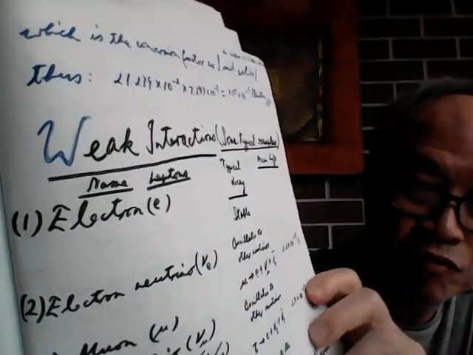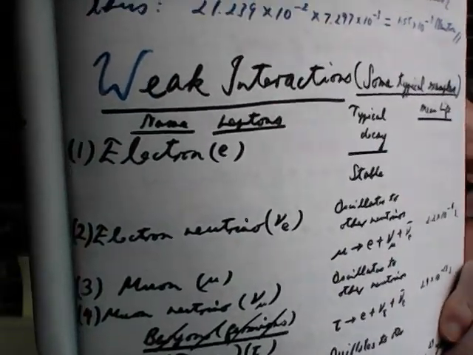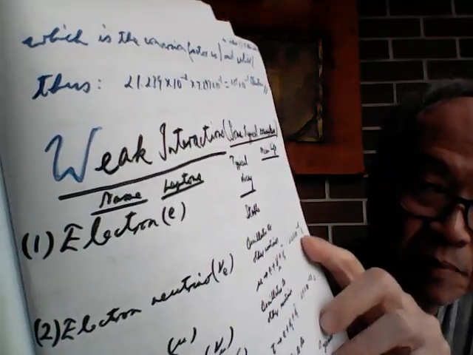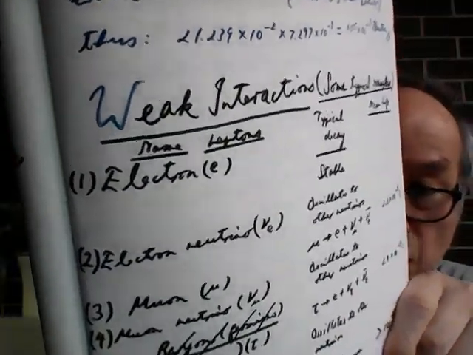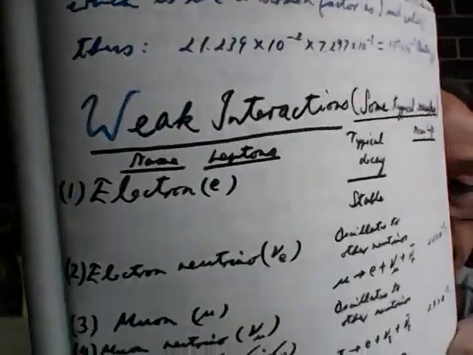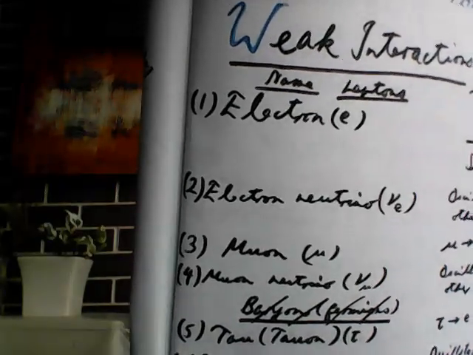It's even much more transient than the previous one. And likewise the tau neutrino oscillates. The decay type is that it oscillates to other neutrinos.